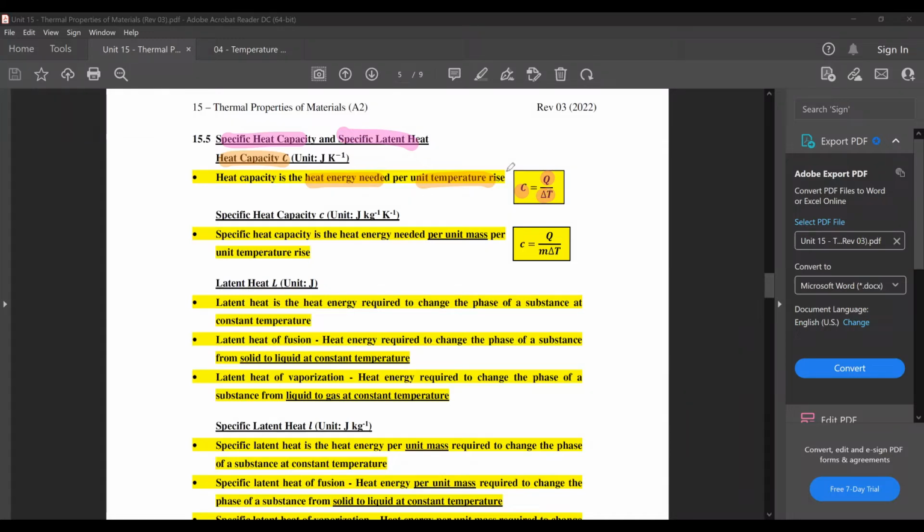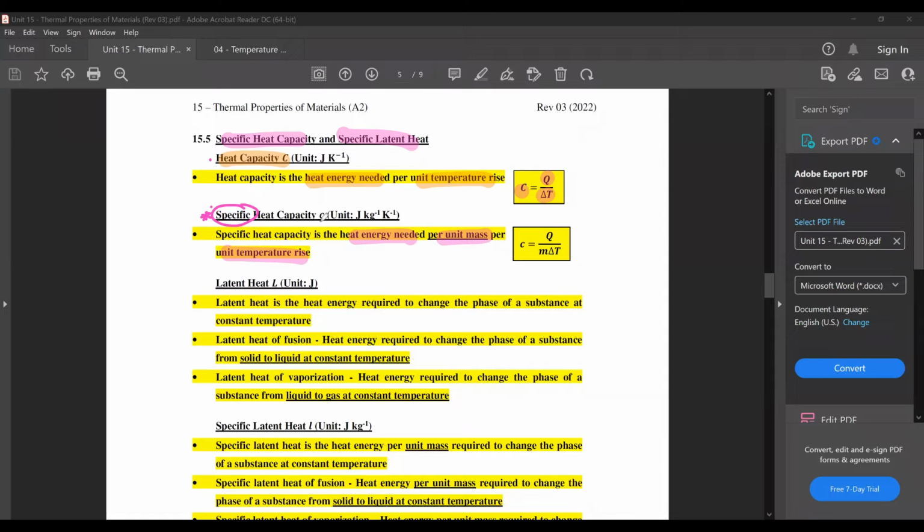Okay. Now, the one that's actually more useful a lot of times is specific heat capacity. Okay. Right. The only difference between the first and second one here is the term specific. All right. So when you have the term specific heat capacity, it is heat energy needed per unit mass, per unit temperature rise.